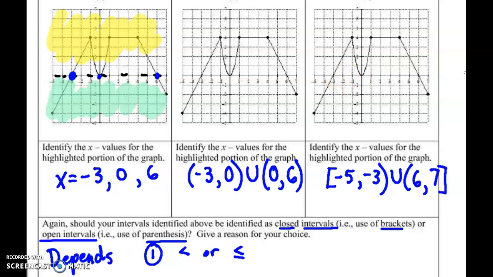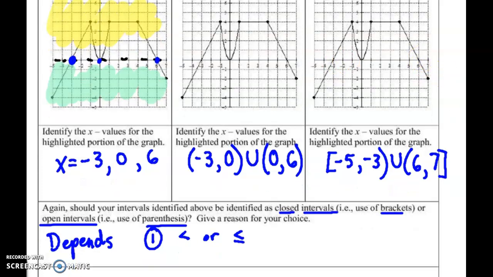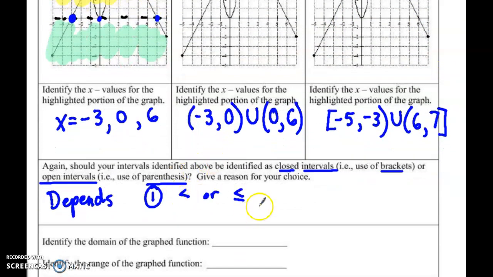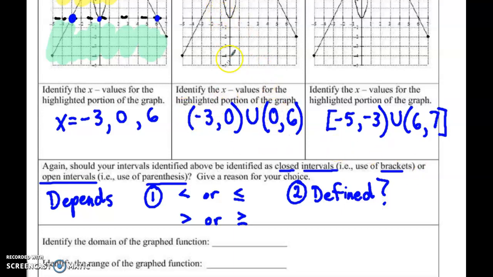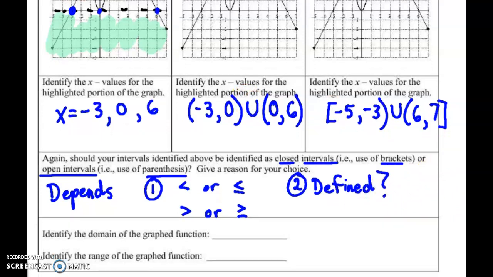You'd also include -3 and 6. It could also depend on being greater than or equal to. I gave you that example earlier as well. It would also depend on a problem like this: is it defined and below? Or if we had another example like this one, is it defined and above? That would be your indicator to use a bracket as well.